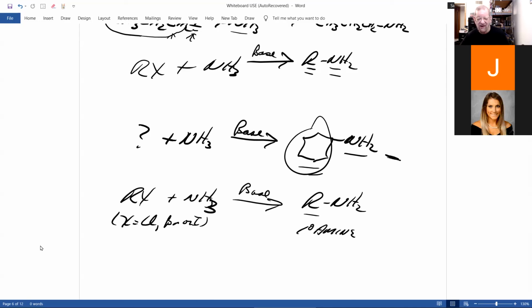Since I didn't show you anything here, which I could have, you could pick any one of these. This is my R group, therefore I have a cyclohexane ring, and any carbon, doesn't matter which one, has a halogen. I haven't used bromine. You could have also put chlorine or iodine, and this will react with ammonia to make that, and that's how you do it.